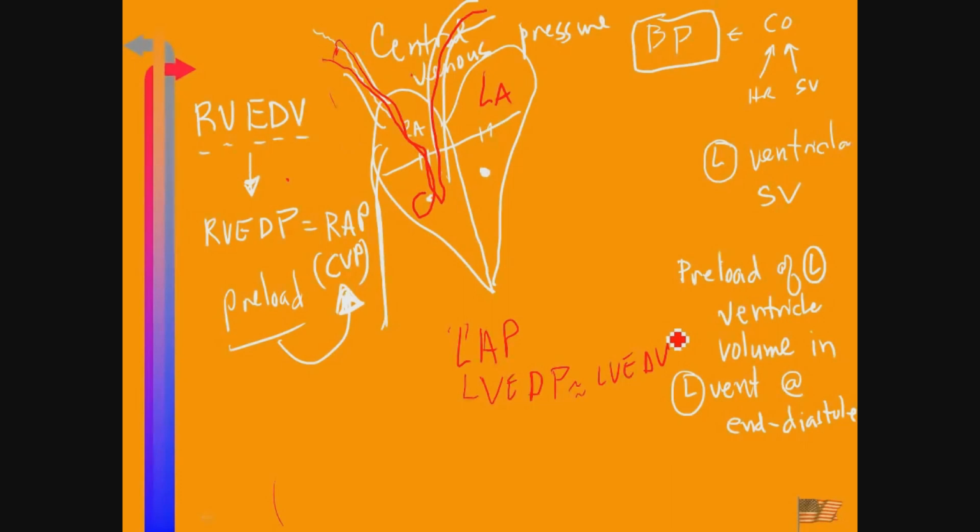So what they did with this pulmonary artery catheter is they floated the catheter along with the balloon up until it got stuck, until it wedged into one of the small pulmonary arterioles. And then they measured the pressure that was at the tip of that catheter.